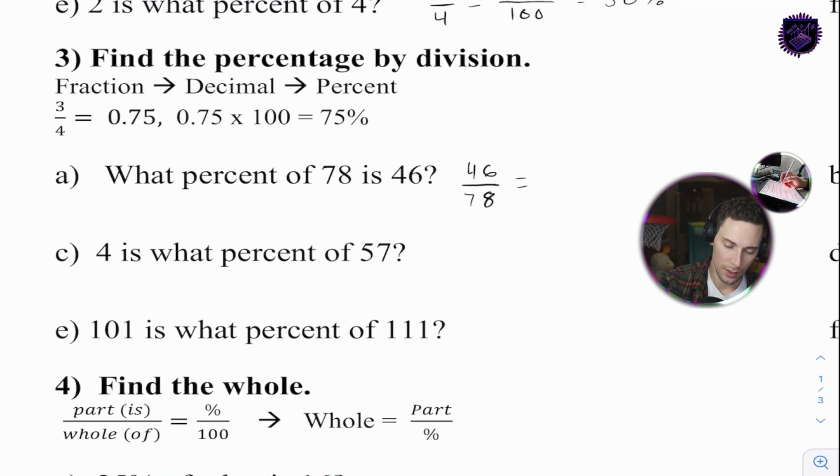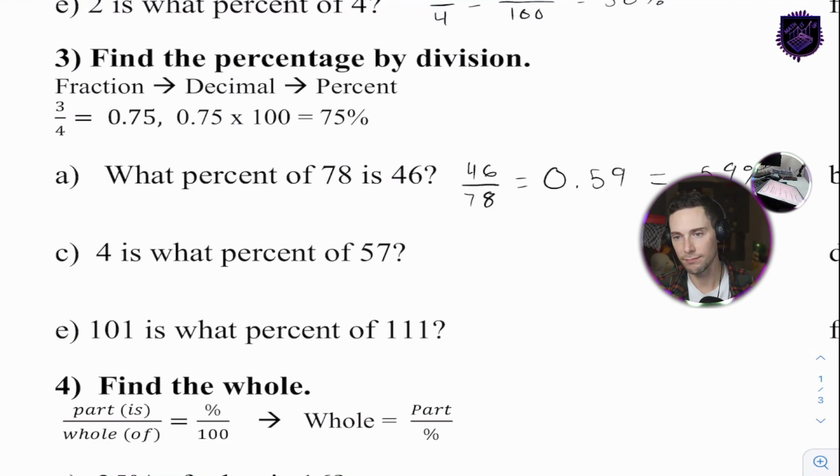So this is equal to 0.59, or 59 hundredths. We're just going to write a decimal and convert it by moving our decimal place over 2. There it is, 59%.